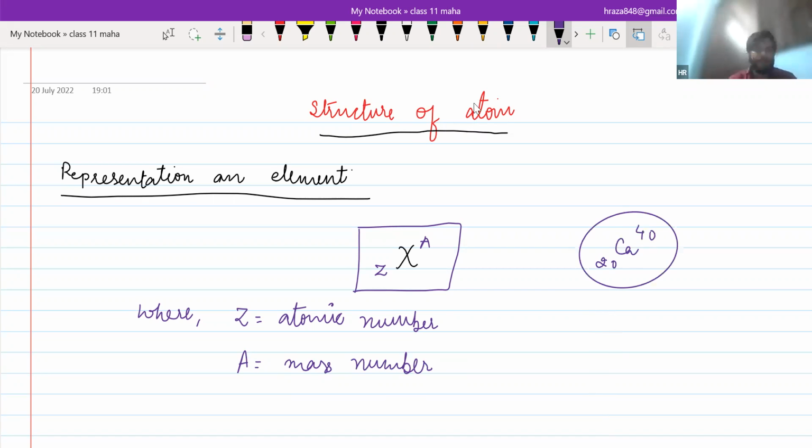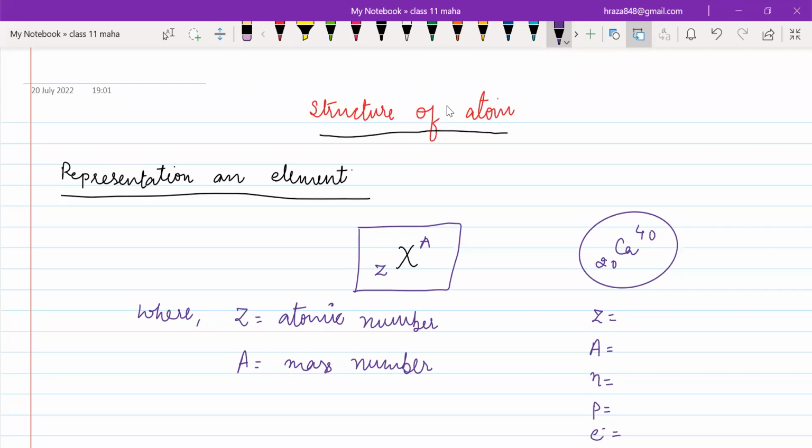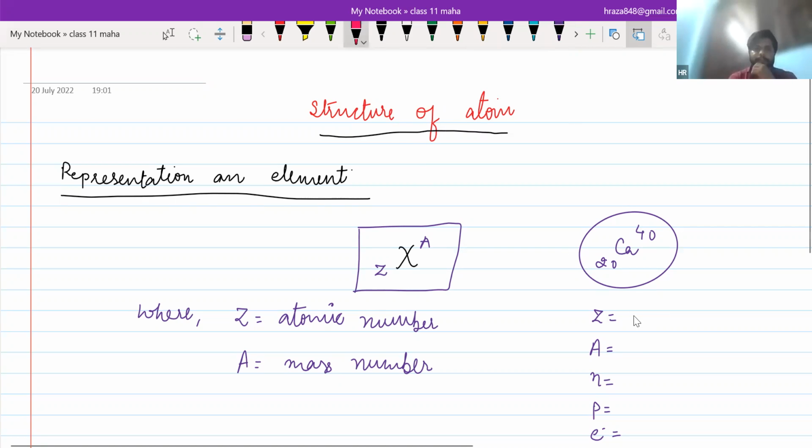Is that atomic number 19? No, 20. Atomic number 20, yes.